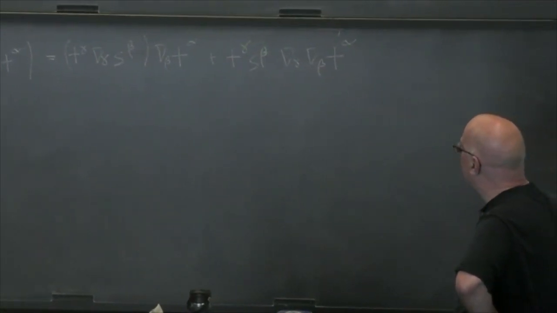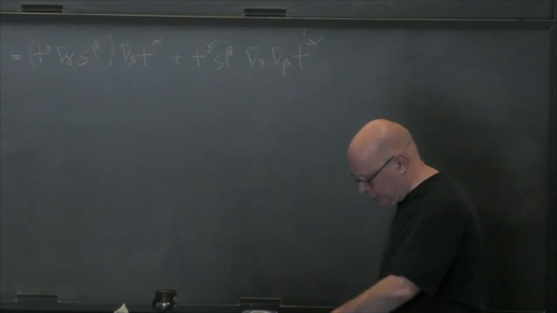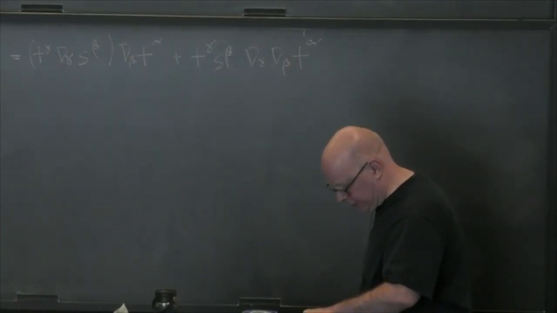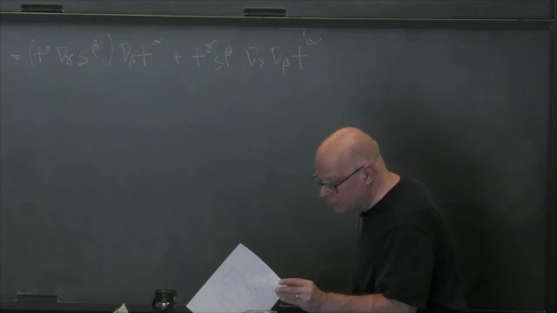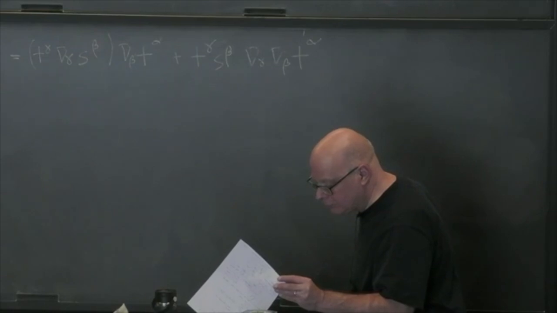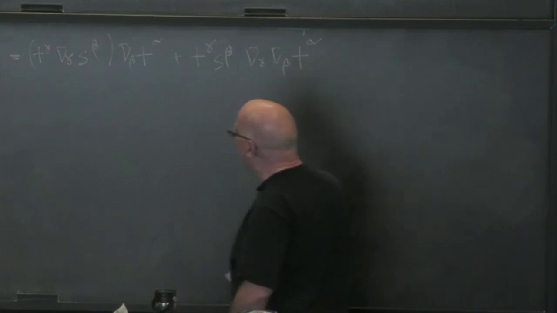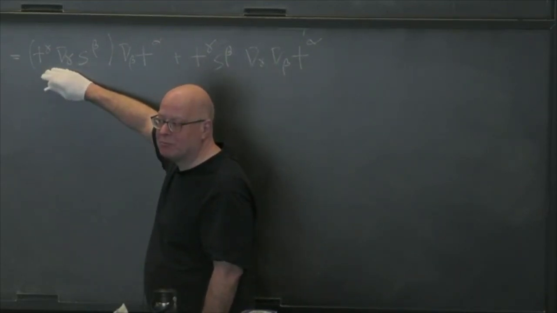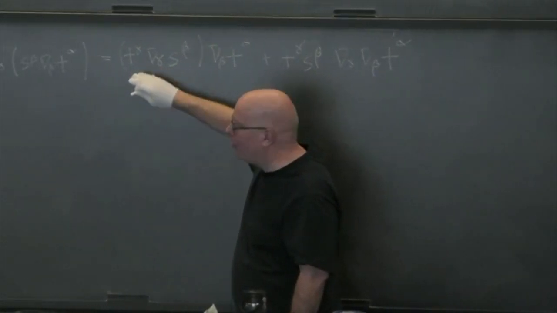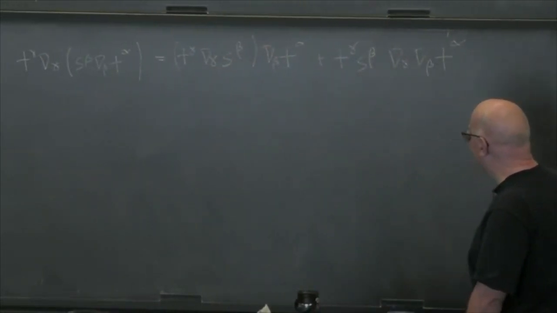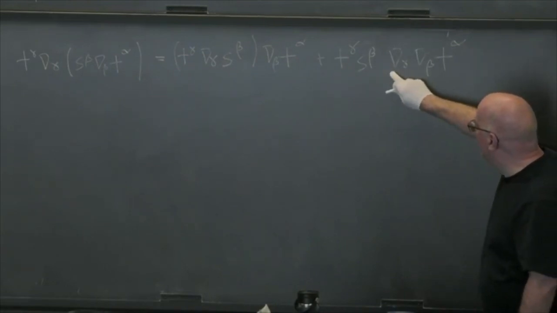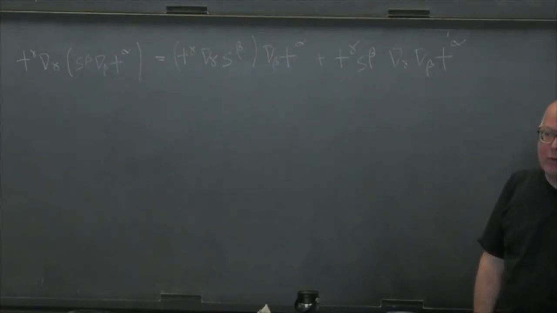I have to look at my notes because I have some choices to make here. Right, so a temptation that I had was to make the replacement here as well. But I'm not going to do that because that's going to take me in a path that I don't want to take. So I'm going to leave it at that for now. What I am going to do here is to change the order of those two covariant derivatives, and that's how the Riemann tensor will pop out.